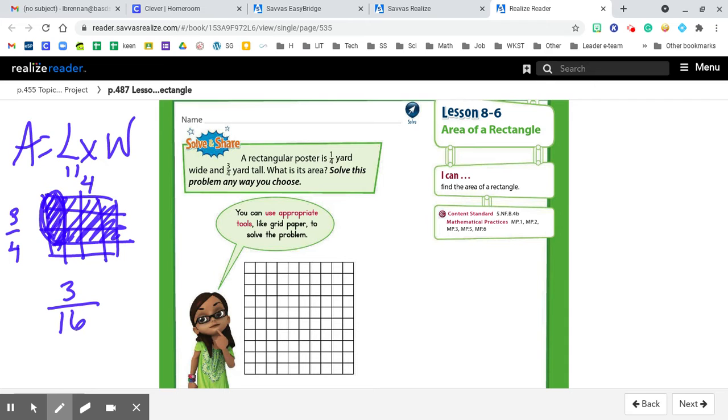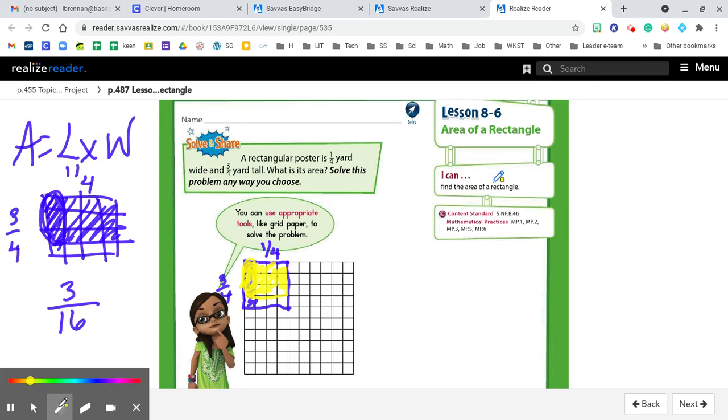On grid paper, the same thing. We have 1/4, so we take 4 boxes, and 3/4, so we take 4 boxes using our denominator, 4 by 4, and then we can shade in the 1/4, and then we shade in the 3/4 in the other direction, and we can see our overlap.